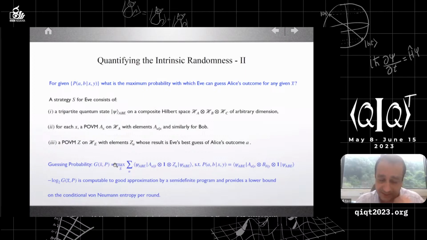And in this case, the guessing probability is written like such an expression, where we ask what is the maximum probability with which the eavesdropper can guess Alice's outcome, provided the marginal distribution of Alice and Bob is as observed. And as I said before, this guessing probability can be approximated to a good degree by a semi-definite program. And a negative log of this quantity gives a lower bound on the entropy that we generate in the outputs per round.